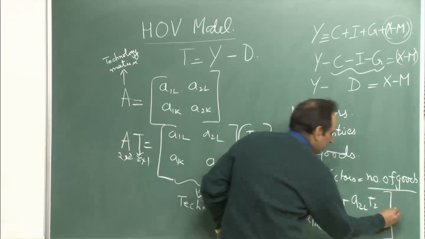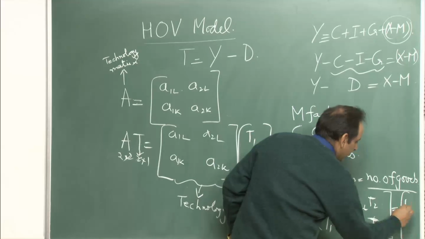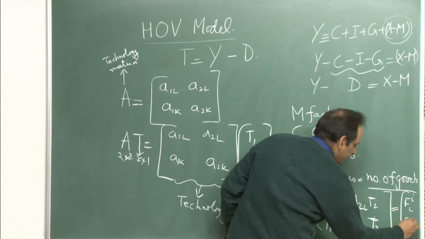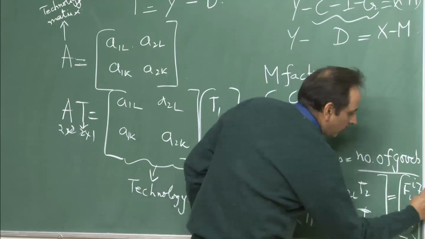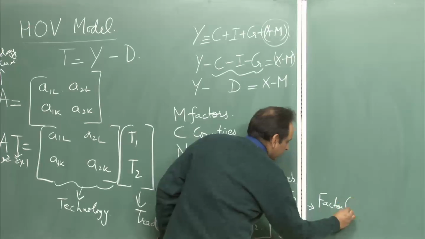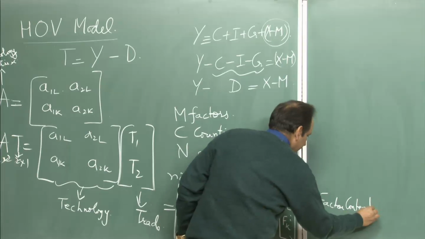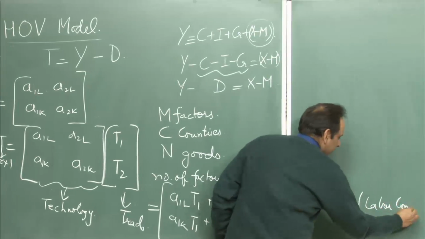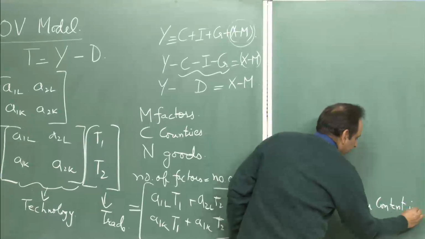This is denoted by FLi, this is denoted by FKi. This is called the factor content. Here it is the labor content in net exports.